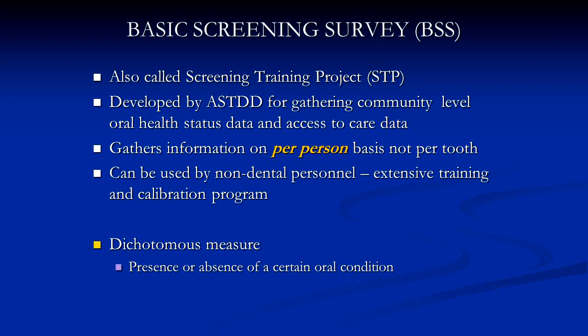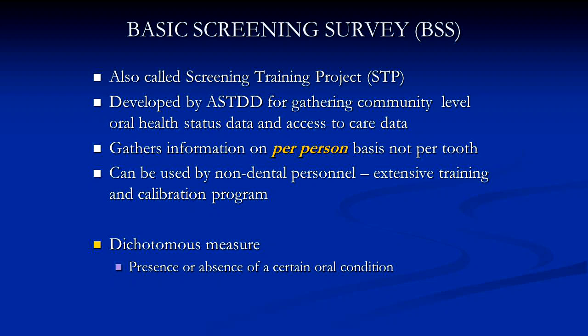And if that person has it, then I would mark them in the yes category, and then I would move on to the next person. And then I would evaluate their mouth, and if that person has it, then they would go into the yes category. Then I would go to the third person, and then I would evaluate their mouth, and if that person does not have what I'm looking for, then I would put them in the no category.